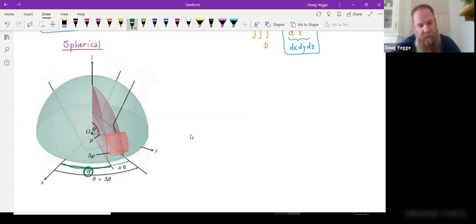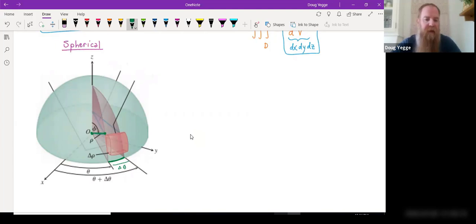We should also recognize that extending from the origin out to the edge of the sphere is rho. And phi is extending from the z-axis downwards to the ray that rho is in.